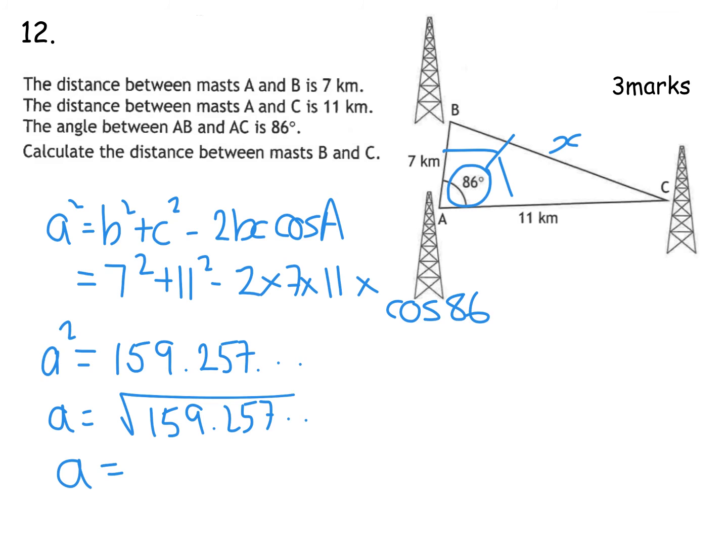And that gives me 12.619, and it hasn't mentioned rounding, so I'm just going to round it to 2 decimal places, so 12.62 kilometres to 2 decimal places. And as I said, lovely 3 marks if you recognise the question, 1 for your answer, 1 for getting to there, 1 for your substitution.